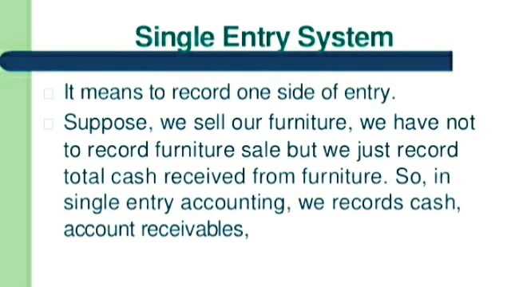In some cases it does not record any of the item, and in some cases it records both aspects. That is why we can say that the single entry system of accounting is basically a very unscientific system, because it does not follow a particular system, and comparability is not available from this system of accounting. An example is given over here, you can look into it.